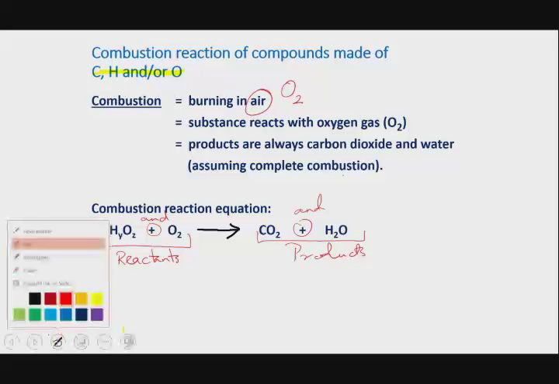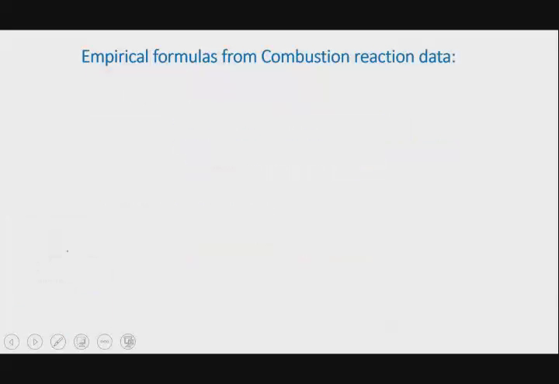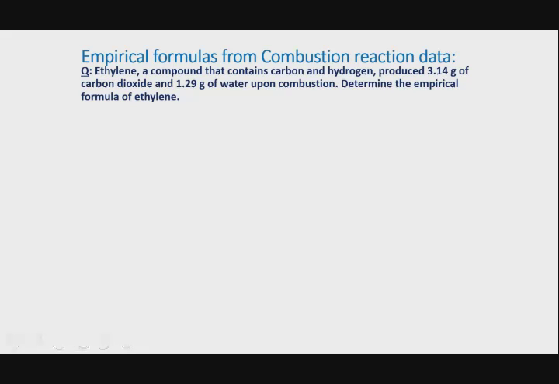Okay, so with this background information, let's solve a problem such as the one here to figure out the empirical formula of this compound that is made up of C, H, and O, excuse me, no O, I'm sorry, contains C and H only, such that its combustion analysis yields 3.14 grams of CO2 and 1.29 grams of water.